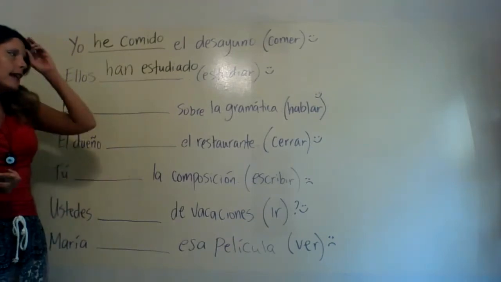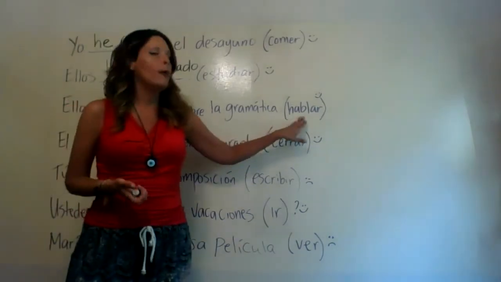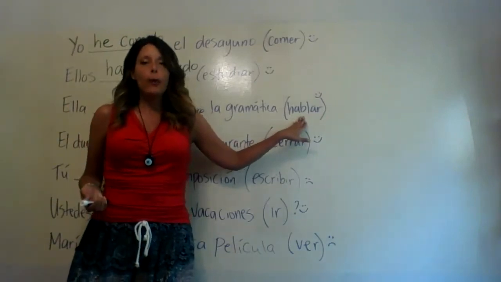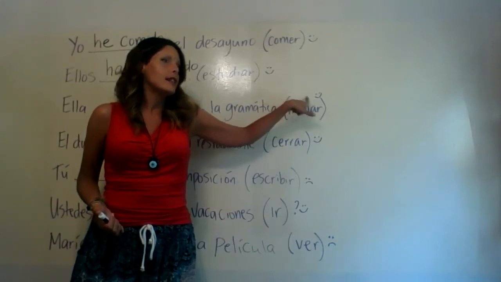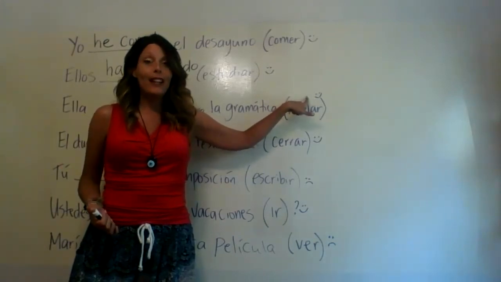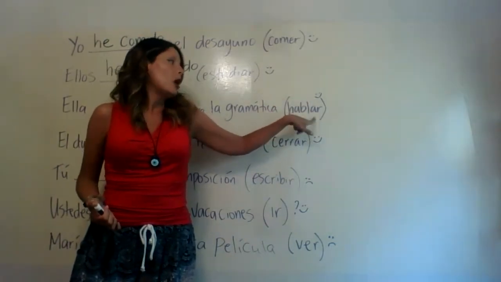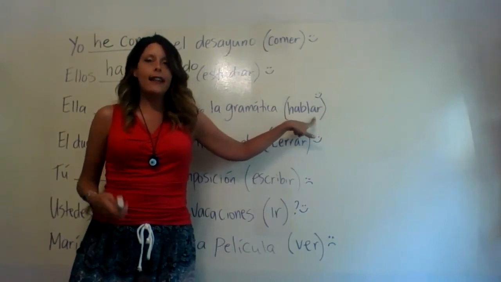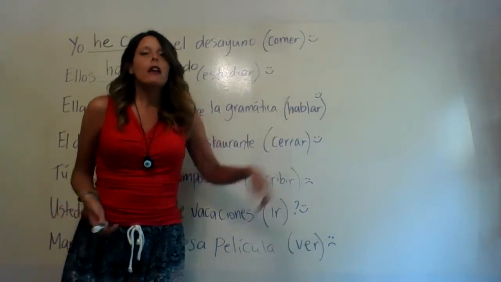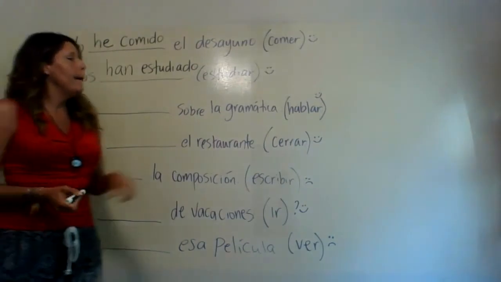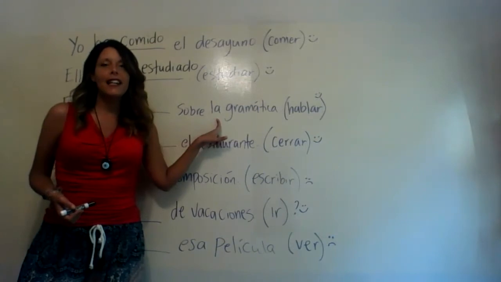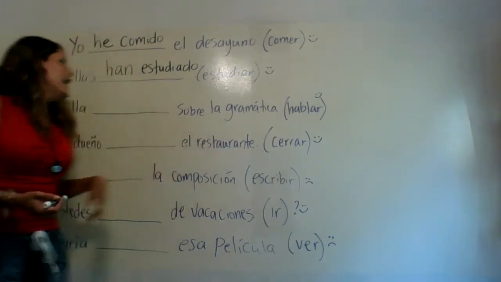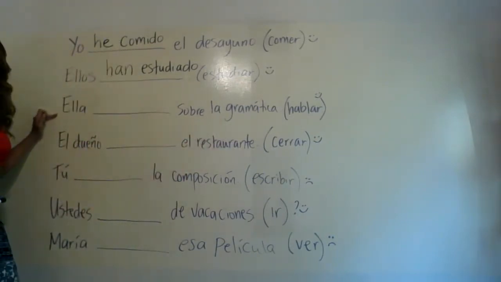Then, in the next sentence, we have the verb hablar, with which we'll be forming a participle. I put a smiley face because it's regular happy, so whenever we need it as a participle form, we're just going to chop off the AR and then add ado to the end. Sobre is like about, la gramática is grammar, and ella means she.